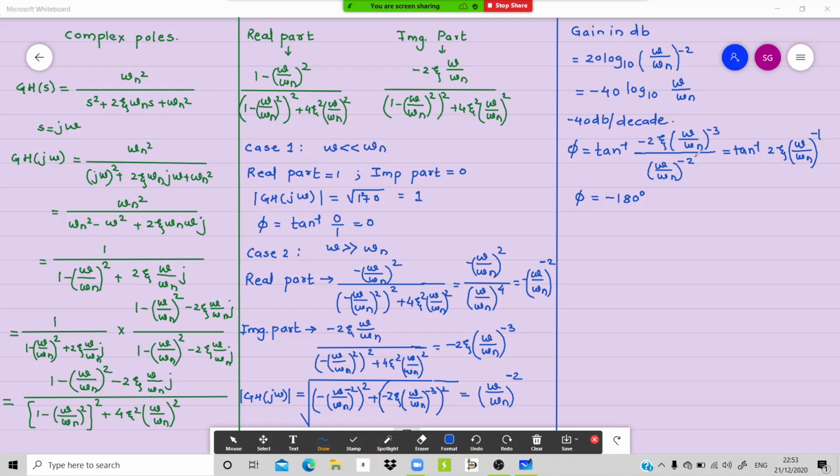And because of that, the whole thing will be on the negative side, and you're going to have minus 180 as the angle. Now the next, third case, I'll write case 3. When omega is equal to omega n.